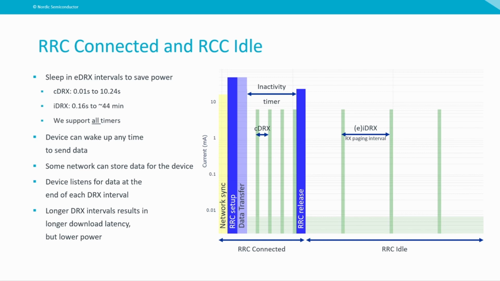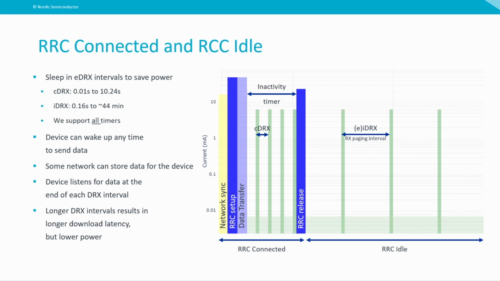Here, the device will sleep in between the EDRX intervals. You turn off the radio, and then you listen, and then you turn off and listen to check if the network has something to send to you. And it's important to note that we support all the timers in EDRX, idle DRX, from 0.16 to 44 minutes.